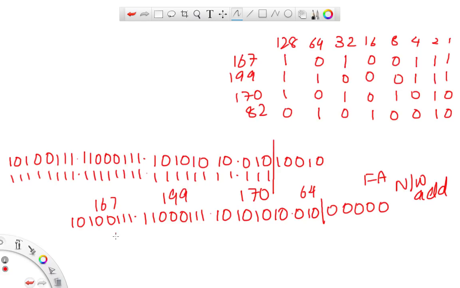Then we have the last address, and we said for the last address, all these remain the same: 170. Now this is where we play around. You have 1 0 and then 1 2 3 4 5 ones. Convert this into decimal and see how much you get.